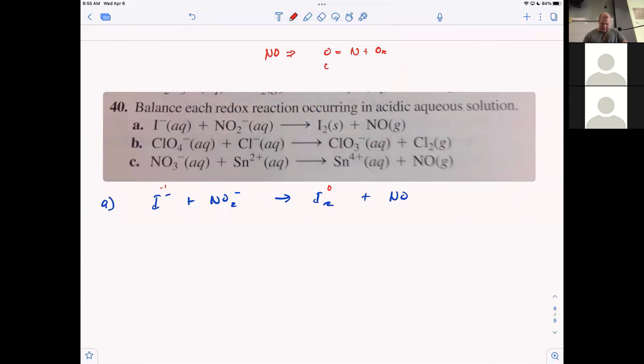Oxygen tends to be -2, so nitrogen is +2. For NO2 minus, -1 is nitrogen plus 2 times -2, so 2 times -2 is -4, add 4 to both sides, you get 3. Nitrogen is +3.